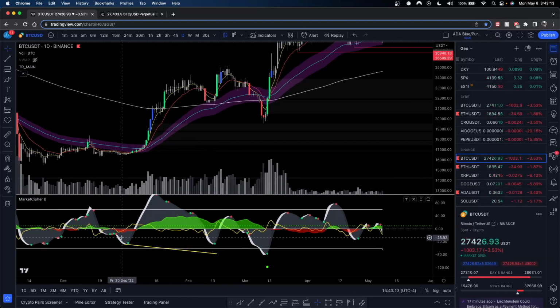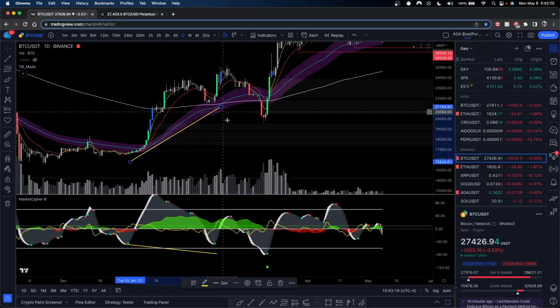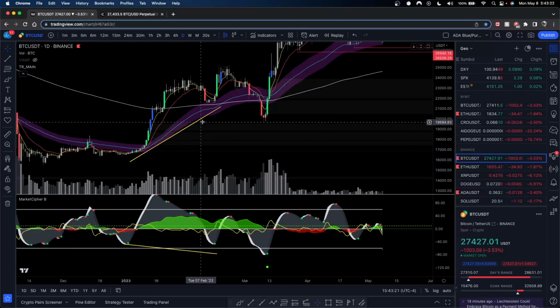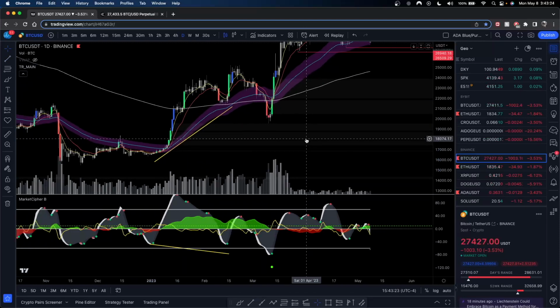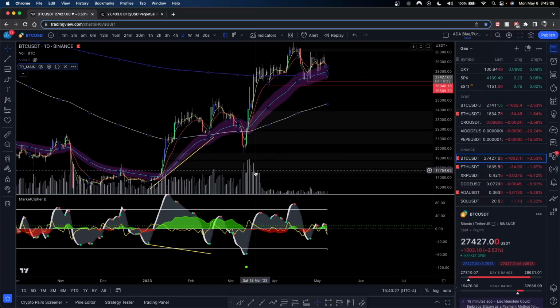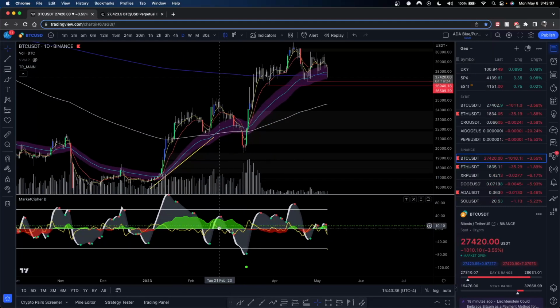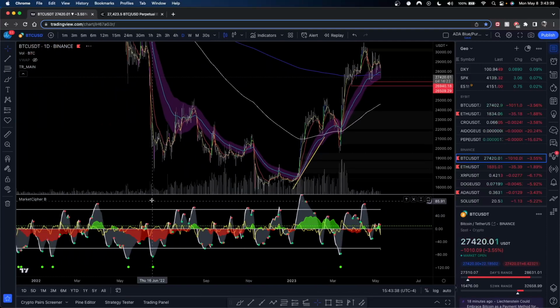It's where your oscillator is giving you a lower low, but your price is giving you a higher low, which is a signal for continued upside. That would have been your cheat sheet entry right there. Here, you could argue, yeah, it could be a cheat sheet entry, whatever. But again, it's better when the money flow is thick. You're looking for thick money flow and you're looking for continuation of trend.